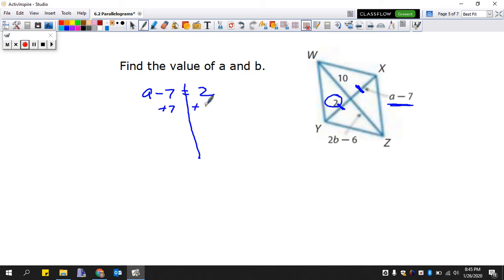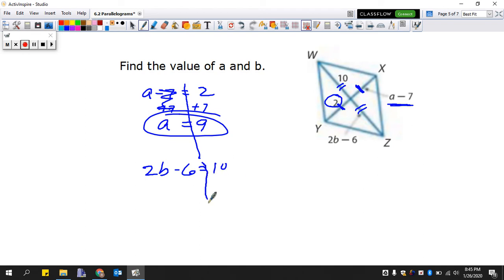So A is equal to 9. Likewise, 2B minus 6 is equal to 10. When we solve that, add 6 to both sides. 2B is equal to 16, divided by 2. And our value of B is equal to 8.